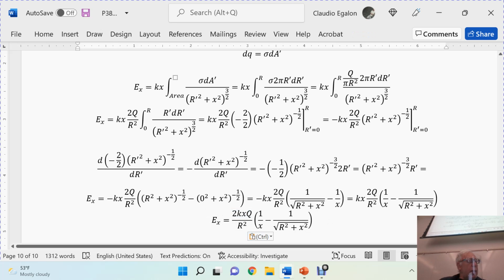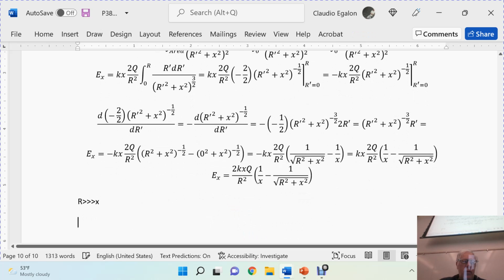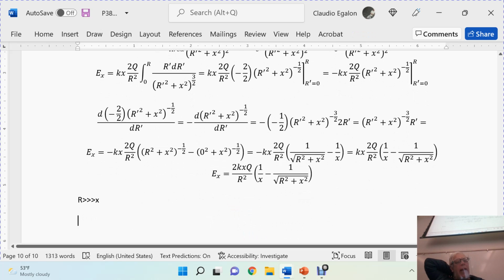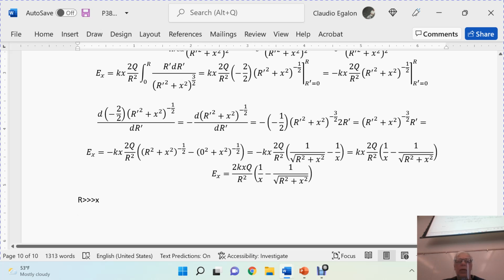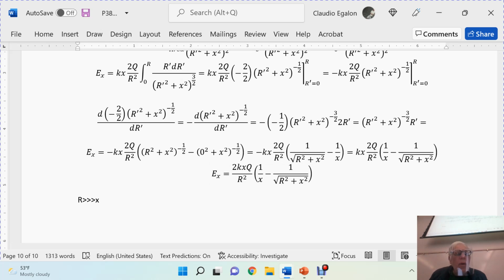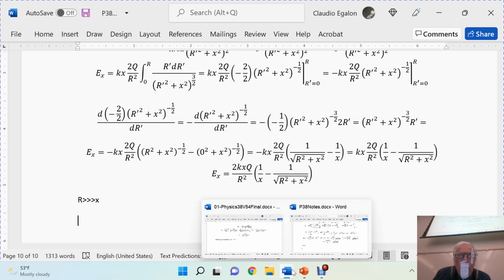Okay, let's do another step. What about r much greater than x? Every time that we get r much greater than x, you're supposed to get the r squared term. In this case, the r squared term is going to be our x squared term. Did I do something wrong here? No, doesn't look like it. Let me compare with my notes, and hopefully I didn't make any mistakes.